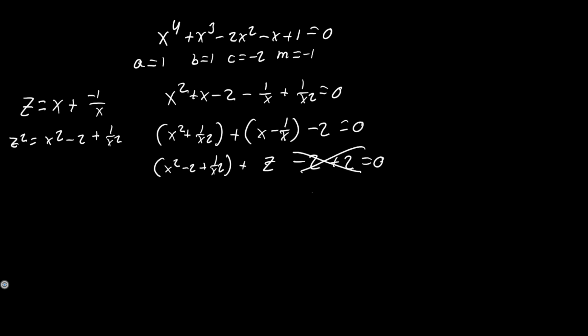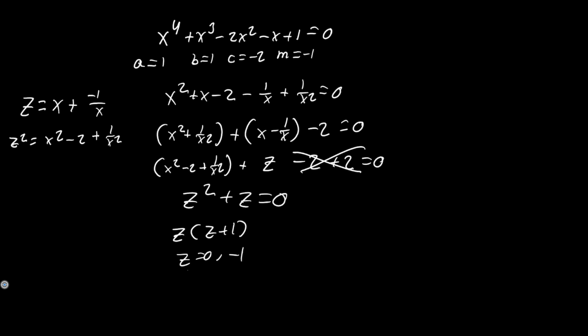These two cancel out, and we are now going to set this equal to z, so we have z squared plus z is equal to 0. So we could factor out a z, giving us z times z plus 1, and we get z is equal to 0 and negative 1.